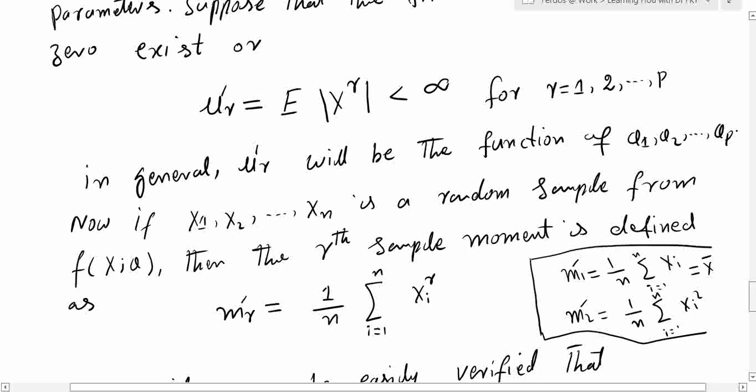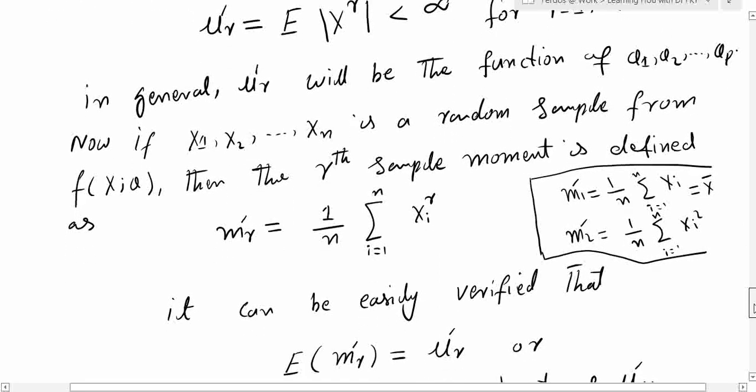I explain two moments because normally, if the distribution has two parameters, then we need two moments. I will explain this later when we need to solve.